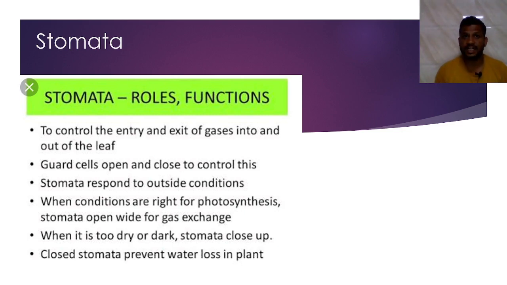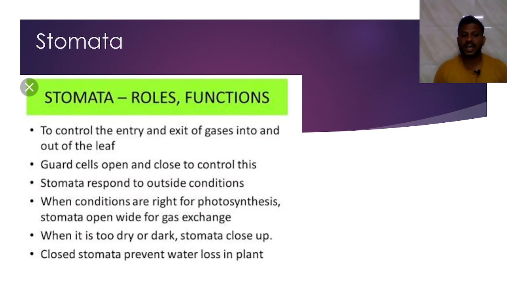When there is light, it starts to absorb the carbon dioxide, because it needs to prepare its food. After preparation of the food, oxygen is liberated. Just as we saw in the reaction, after the preparation of glucose, oxygen is liberated. Oxygen comes out from the stomata. It controls the entry and exit of gases.